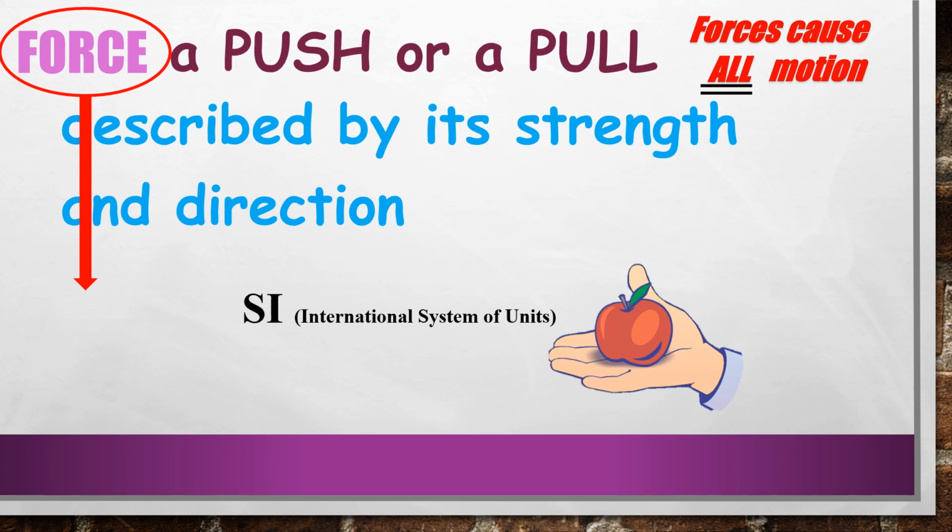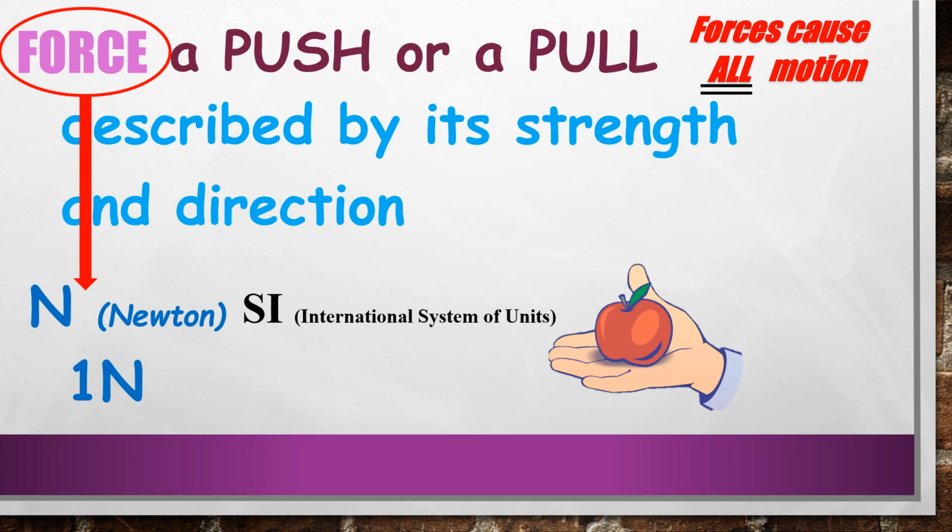When I talk about the SI unit, a force is going to be measured in what we call a Newton, and its label is just a capital N, right? Newtons. So if I talk about 1 Newton, that is going to be the strength part of labeling a force. I said we had to have two things, just like we had speed and direction for velocity.